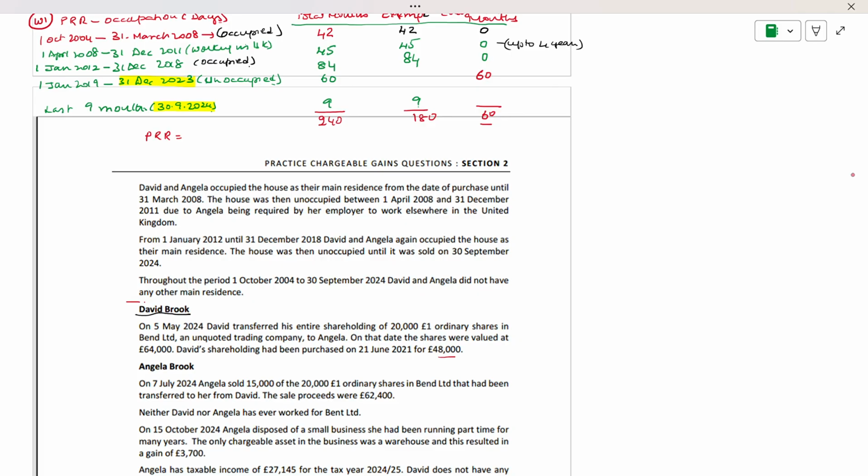David transferred his entire holding of unquoted shares to his spouse. On that date, the shares were valued at 64,000, purchased for 48,000. Think, it is a transaction between whom? So there is no chargeable gain.